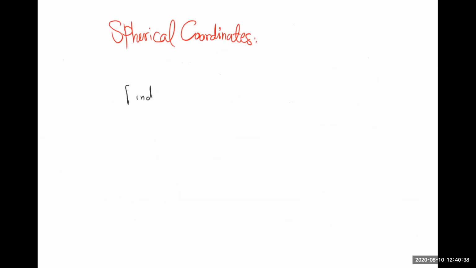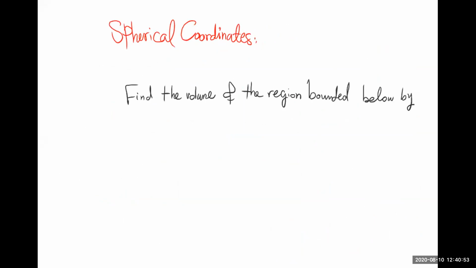Find the volume of the region bounded below by the upper nappe of the cone z squared equals x squared plus y squared.